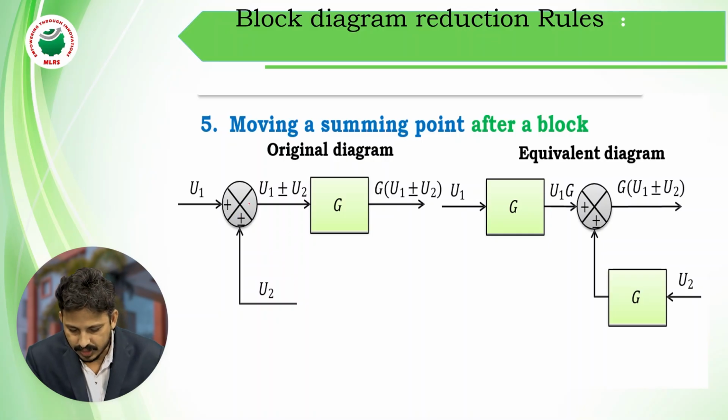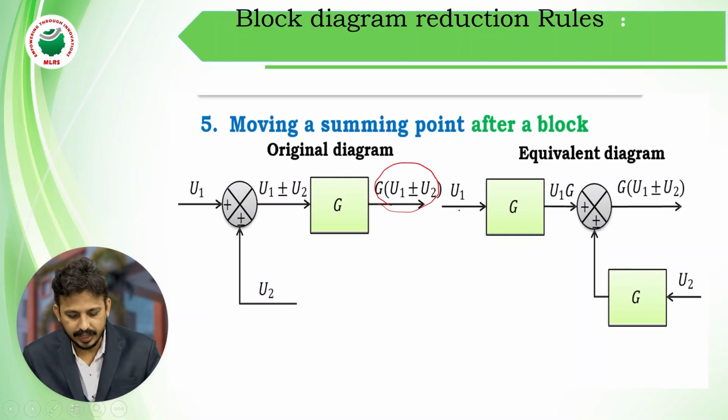So the output of this summing point is U1 plus or minus U2, which is passing through the G. So the output would be G into U1 plus or minus U2. The output must be the same in both cases, even if you move the summing point after the block.